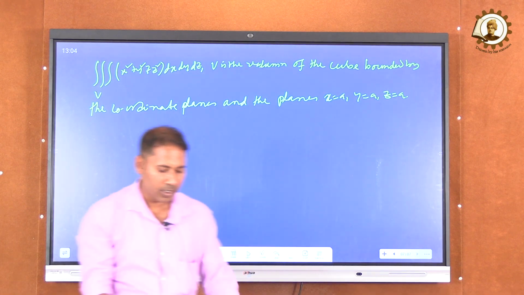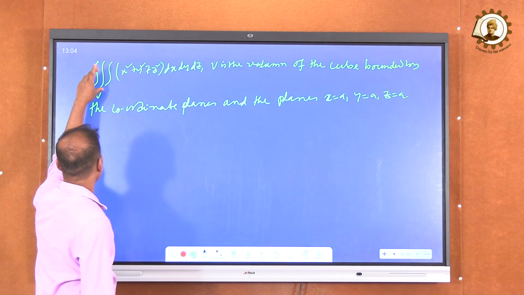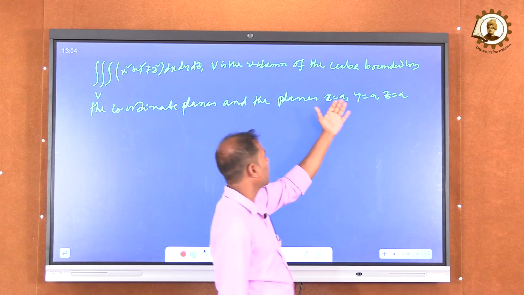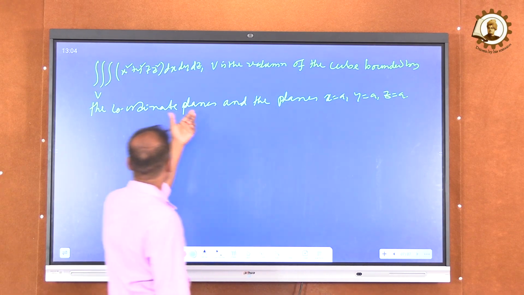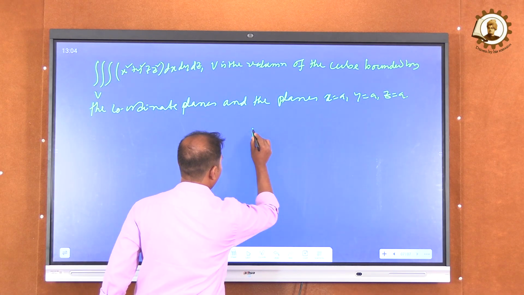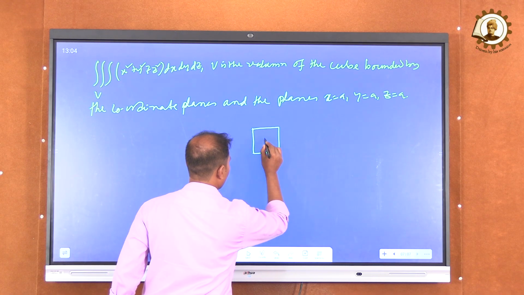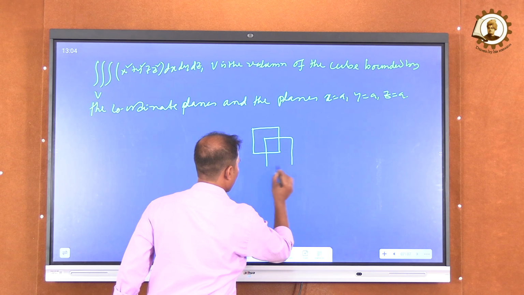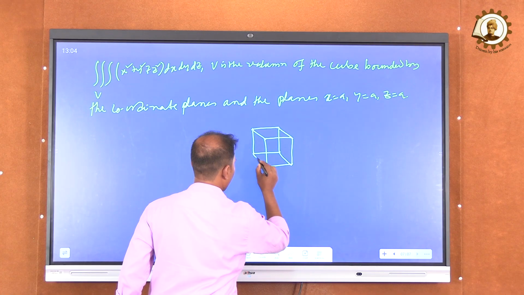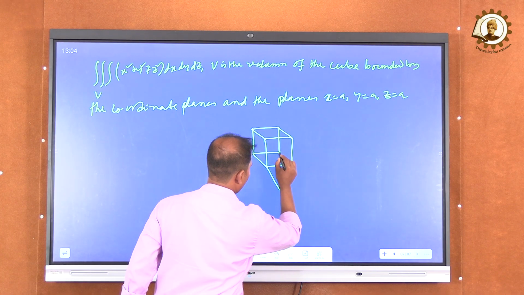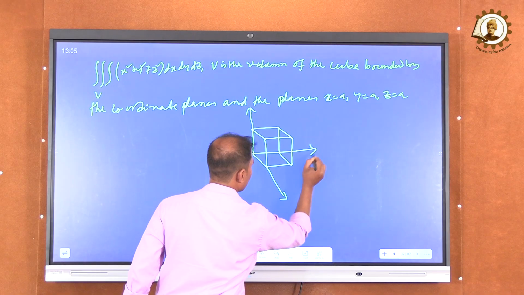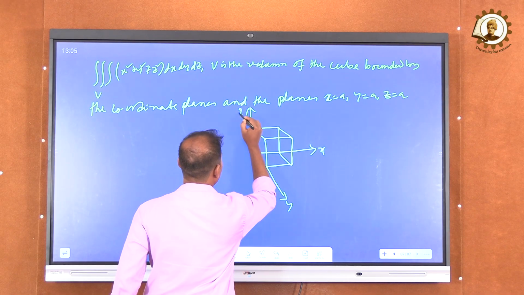So in this problem, it is given the volume of the cube bounded by the coordinate planes and the planes x equals a, y equals a, z equals a. First we draw the cube here. This is the x axis, y axis, z axis.